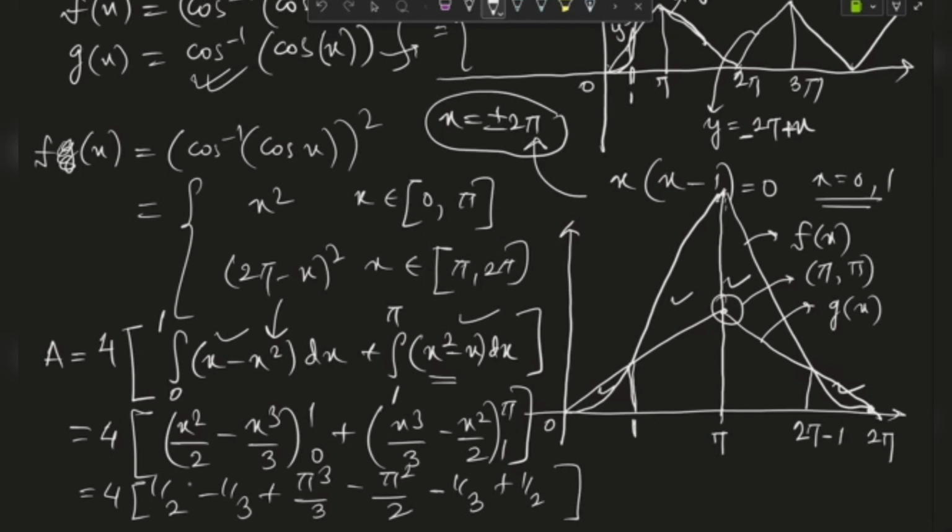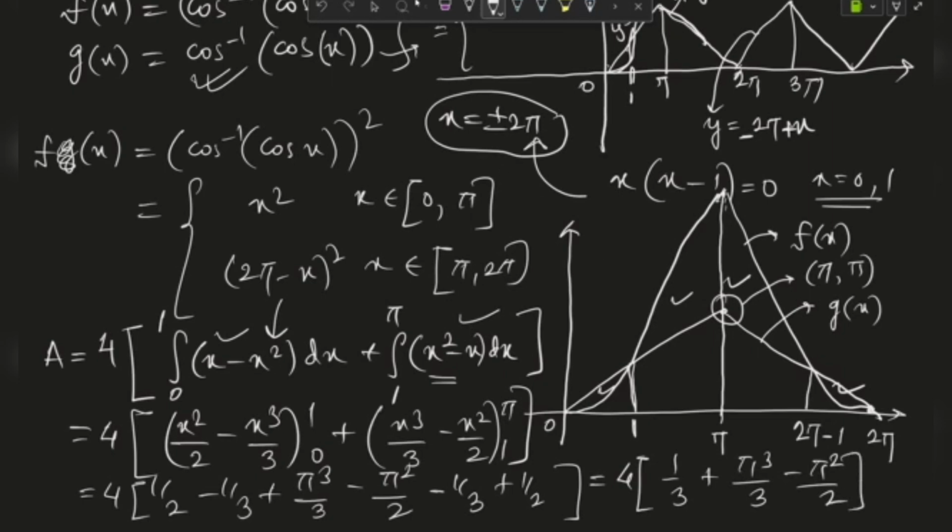So basically half minus 1 by 3 is 1 by 6, and this is also half minus 1 by 3, so 1 by 6 into 2, which is 1 by 3, plus pi cubed by 3 minus pi squared by 2.